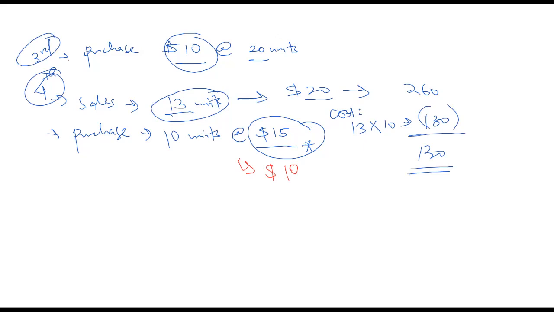Therefore, the selling price will not be 20 but 15 this time around, because the price today is $10 and the company wants a profit of $5. Therefore, the revenue to be earned will be $15 times the 13 items sold, to give us how much?